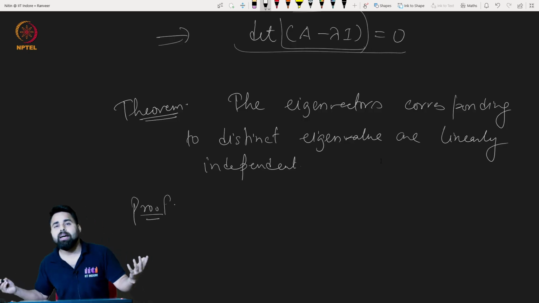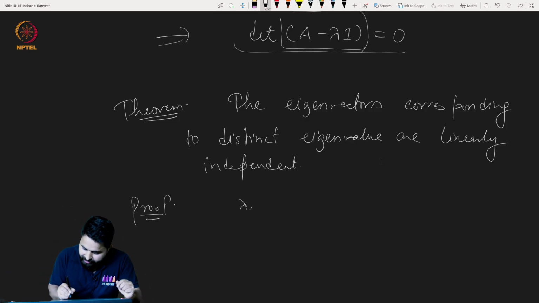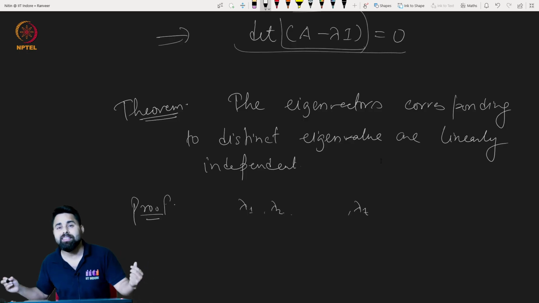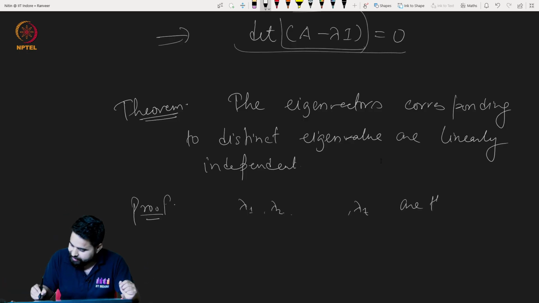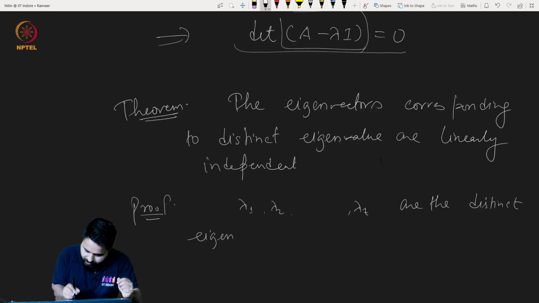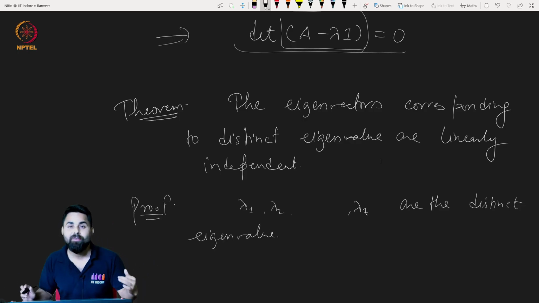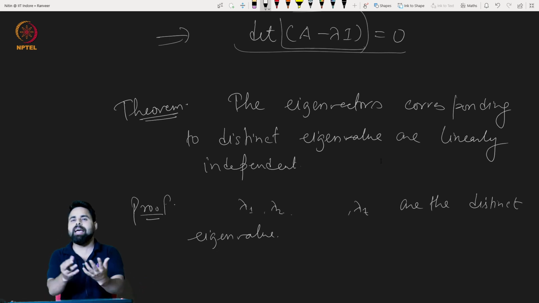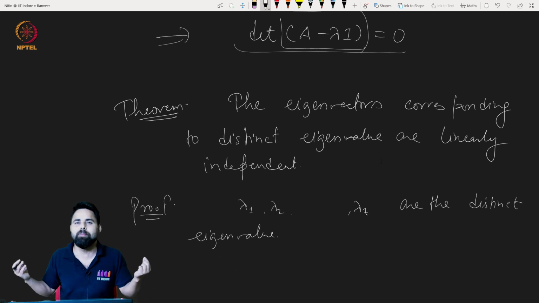Suppose lambda 1, lambda 2, up to lambda t are the distinct eigenvalues. Remember, eigenvalues can be repeated. A very typical example is the identity matrix, where all the eigenvalues are equal to 1, so 1 is repeating n times.